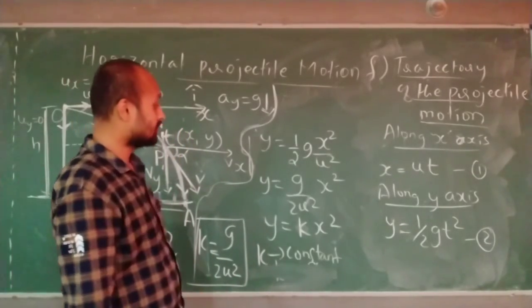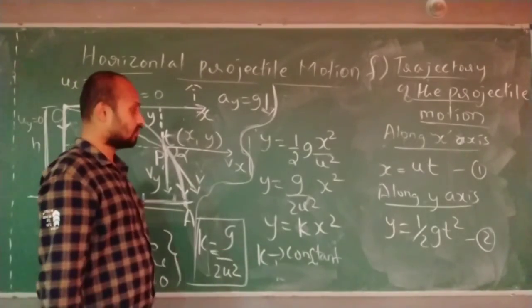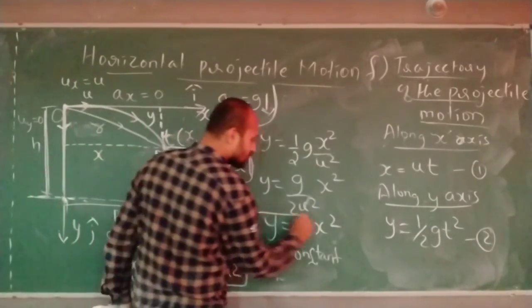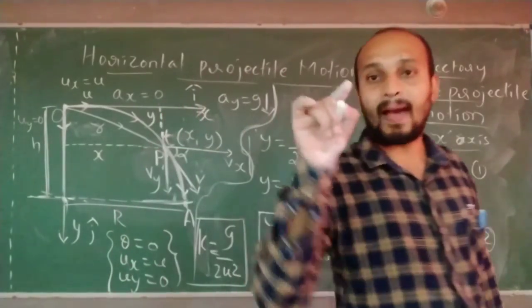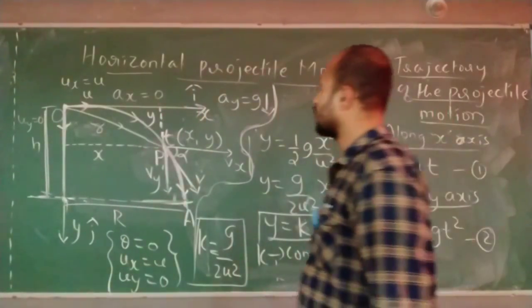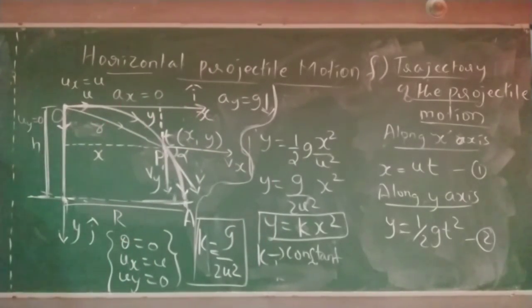Are you understanding? Y is equal to kx square is a parabolic equation.